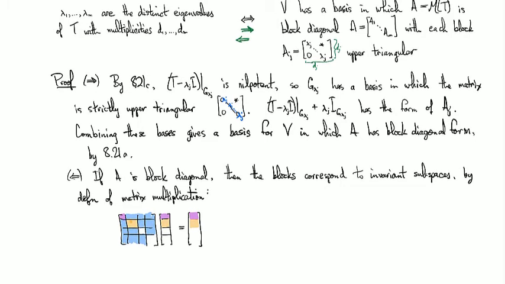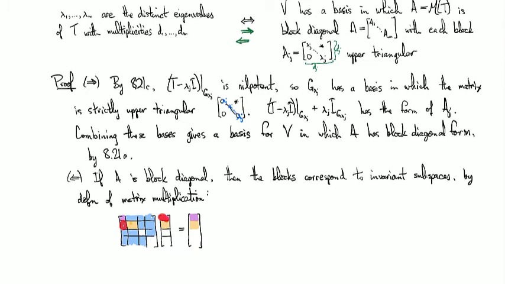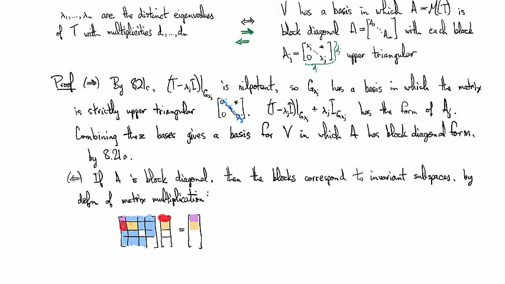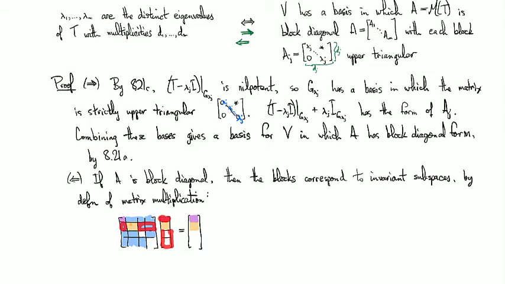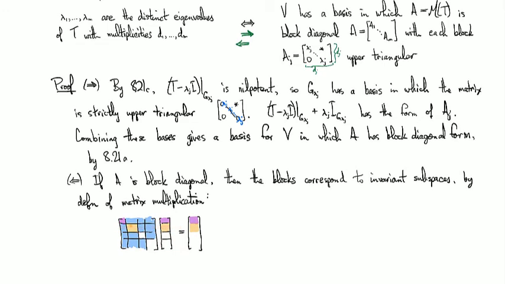Because when you take rows in this region and multiply against columns over here, these zeros are going to kill off anything in the purple part, so the purple does not factor into the computation. And these zeros are going to kill off anything that comes from down here. Since we're doing rows at this level, we're talking about outputs at this level.